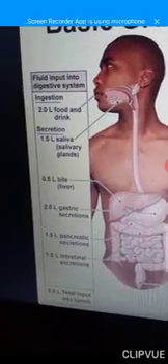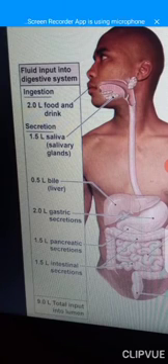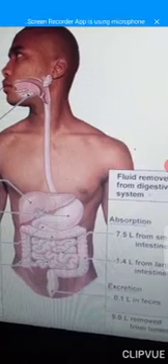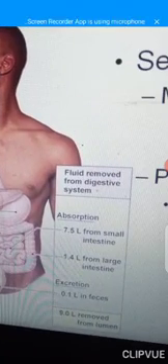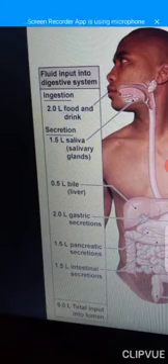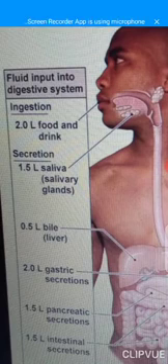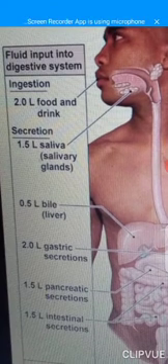Now note, for the maintenance of fluid balance, there's something you must understand: the input of fluid into the digestive system is actually about 9 liters every day, and the output is also about 9 liters every day. So what contributes to the input? The water and the food consumed will account for about 2 liters.